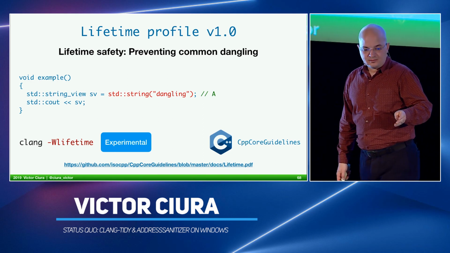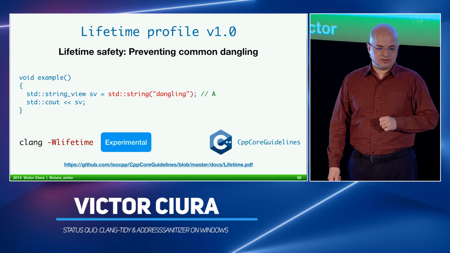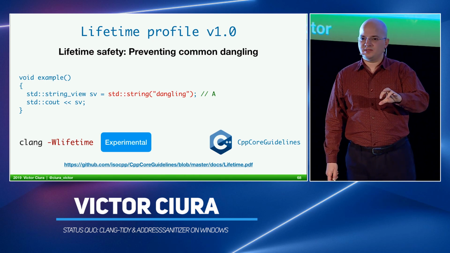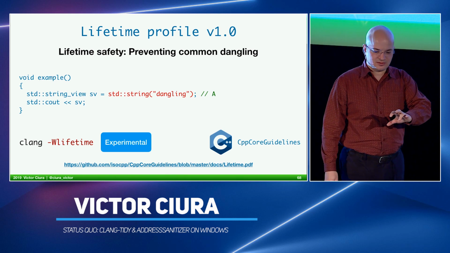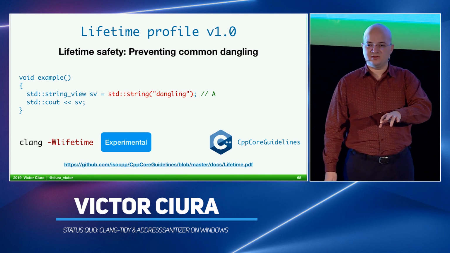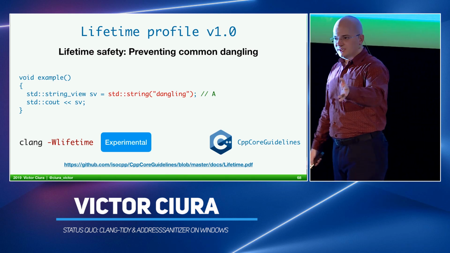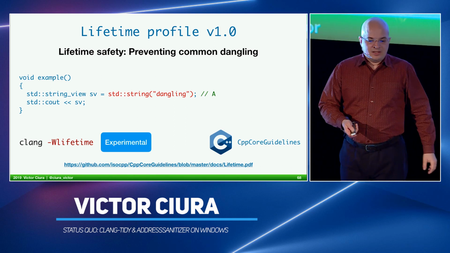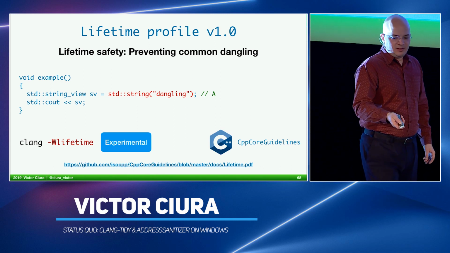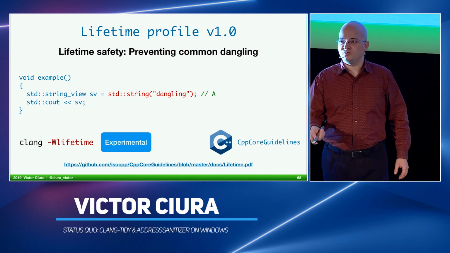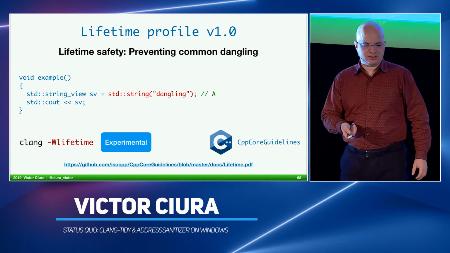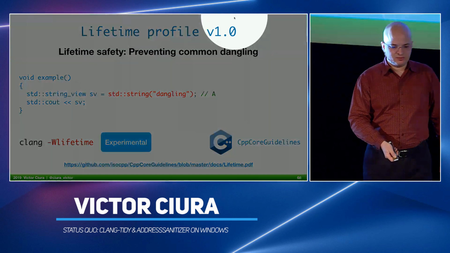So a simple example with a temporary string. I know this is a very toyish example, but very similar things will happen in real life. Imagine a function returning a string or something like that. So in Clang, we've had this for a while now, maybe a year and a half. The W lifetime check.